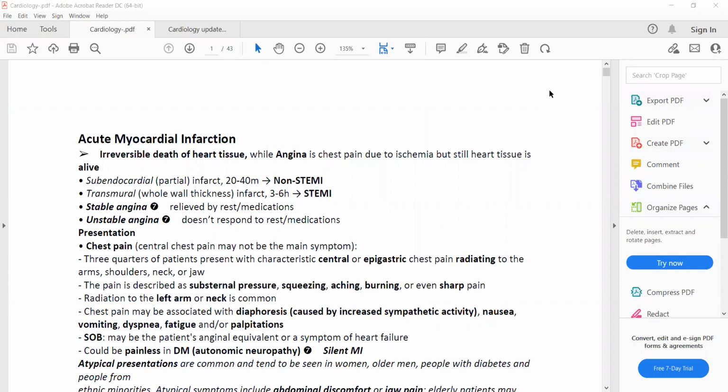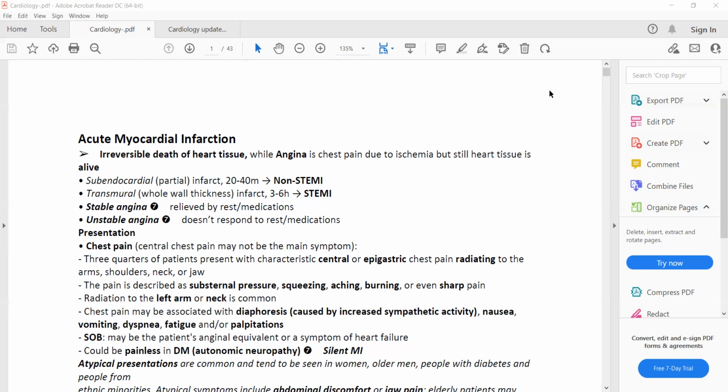Unstable angina is basically ischemia which is not severe enough to produce any myocardial damage. So after a 12 lead ECG, we will send cardiac enzymes such as troponin, and on the basis of the result of the troponin, we will decide if it's non-ST elevation MI or unstable angina.